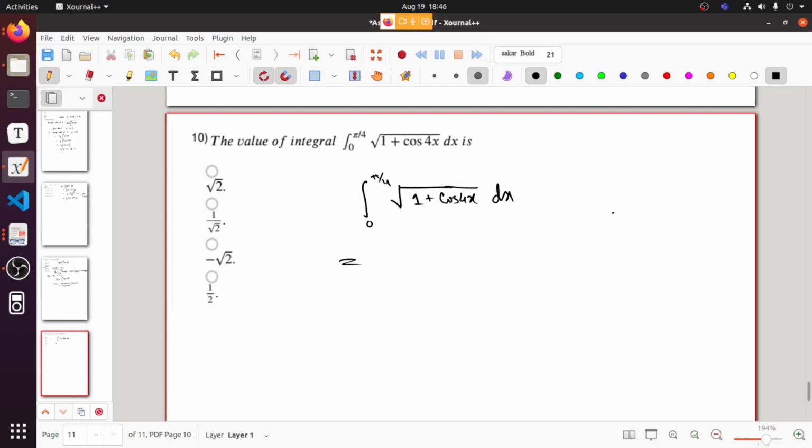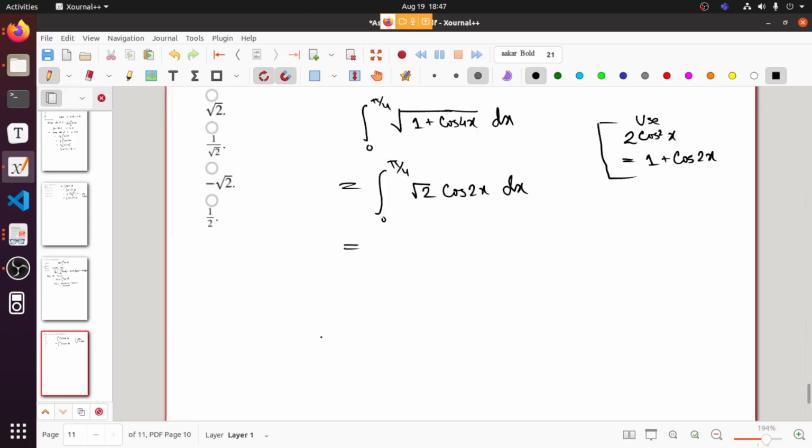You know this formula, 2 cos square x equals 1 plus cos 2x. If you use this, the square root of it will be square root 2 into cos 2x dx. Use this.